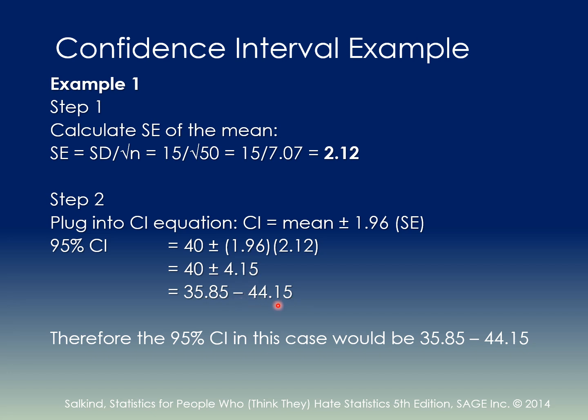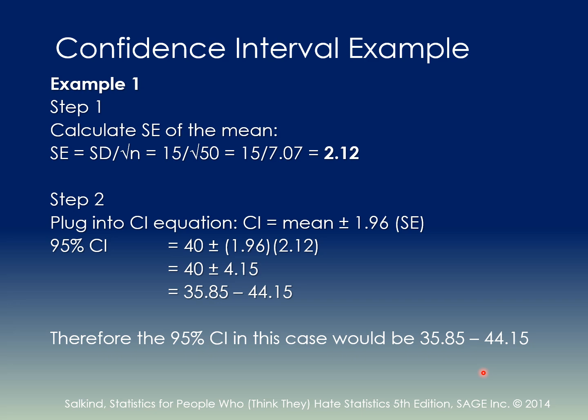And so the 95% confidence interval, based upon all the previous data, is going to be a range between 35.85 and 44.15. This is not a minus sign, this is a range sign. So 35.85 to 44.15, that's the confidence interval that we have created.